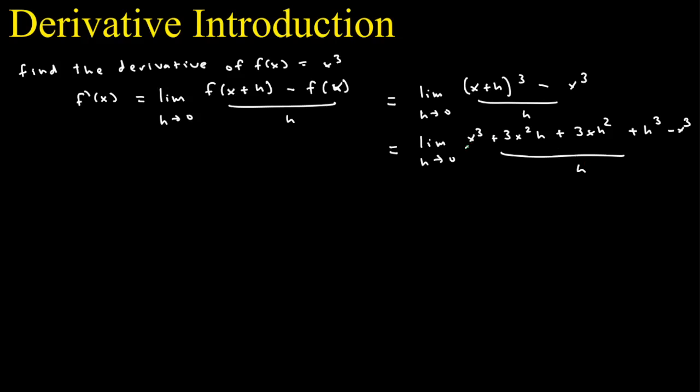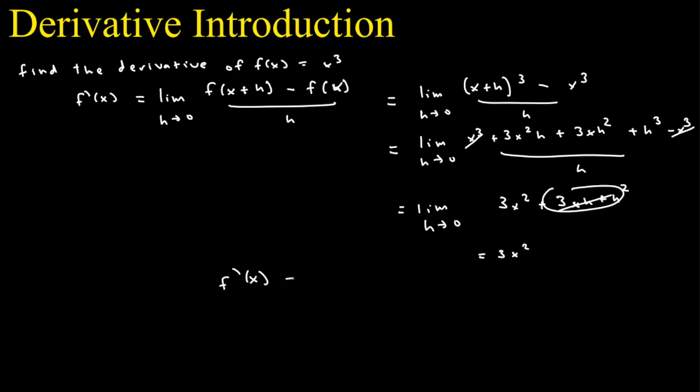Right, and then we would cancel these two out, and then we notice that every term has an h, so we can take the h out too. So then we get the limit as h tends to 0 of 3x squared plus 3xh plus h squared, and since h is tending to 0, these two terms just become 0, and we're left with 3x squared. So that means f prime of x is equal to 3x squared.